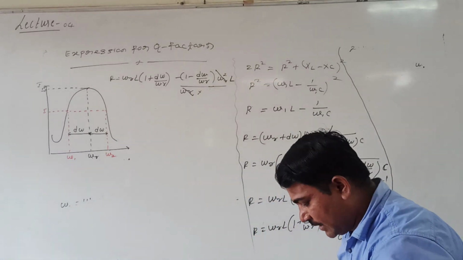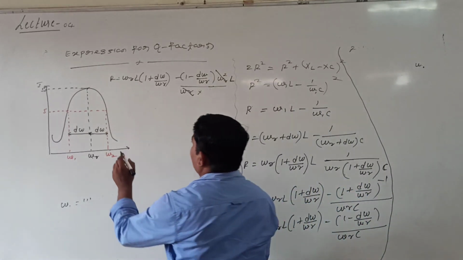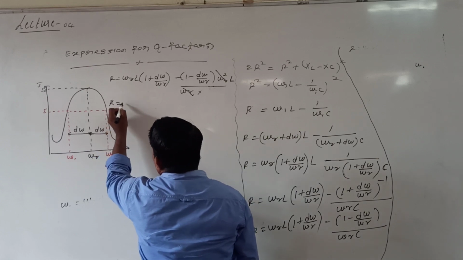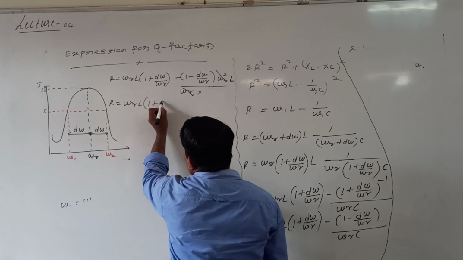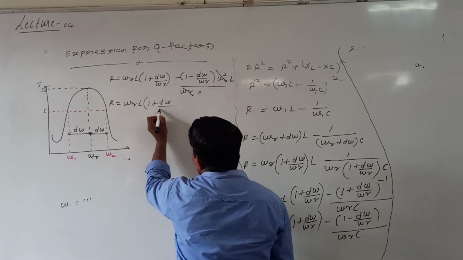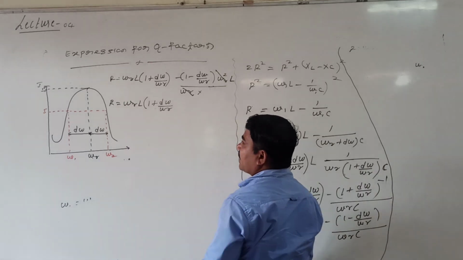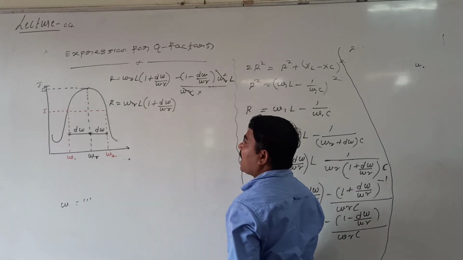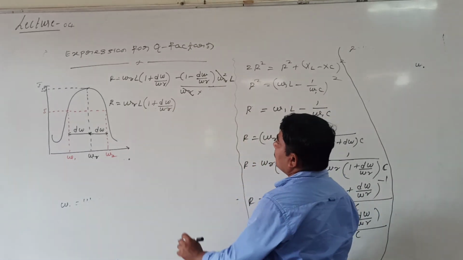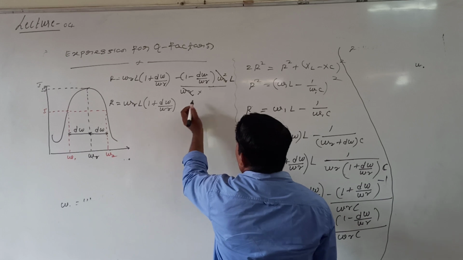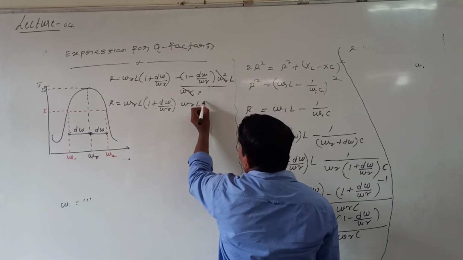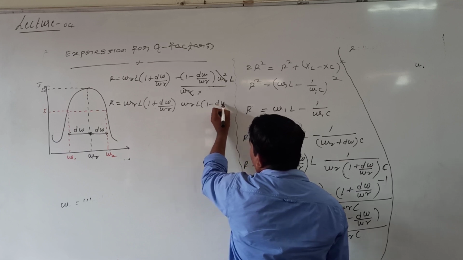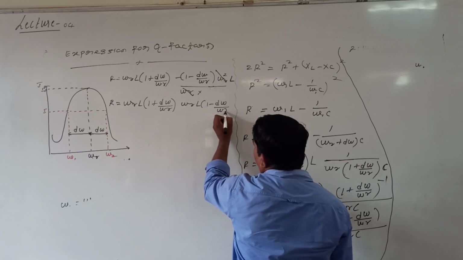What is remaining directly? R is equal to omega r into L into bracket 1 plus d omega divided by omega r, and omega RL is remaining in the second term: omega r into L into bracket 1 minus d omega divided by omega r.